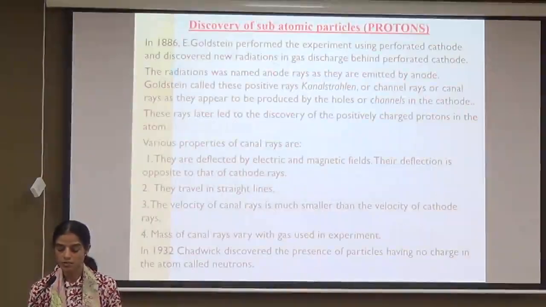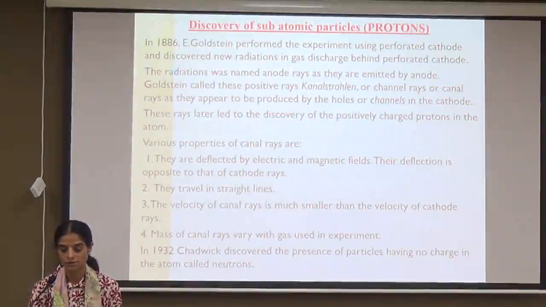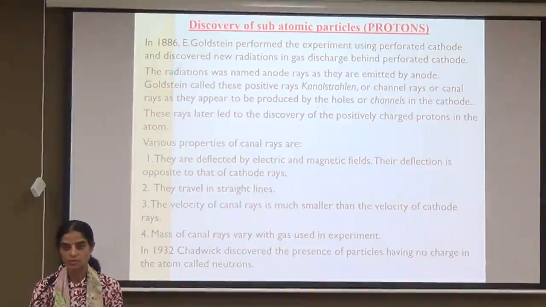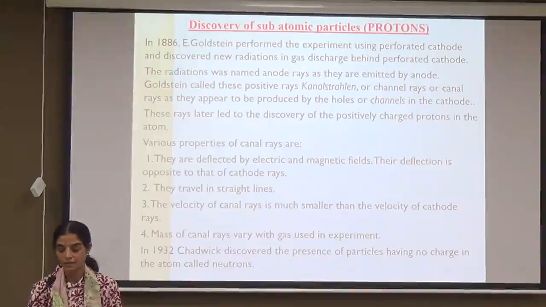Discovery of protons, that is the other subatomic particles which were discovered after electron. E. Goldstein performed the experiment using perforated cathode and discovered these new radiations in a gas discharge tube behind perforated cathode. These radiations were named anode rays as they are emitted by anode.